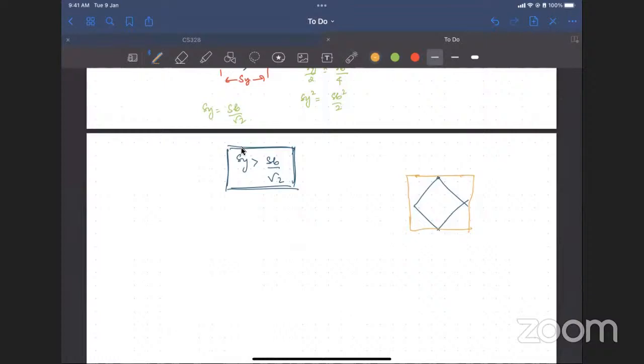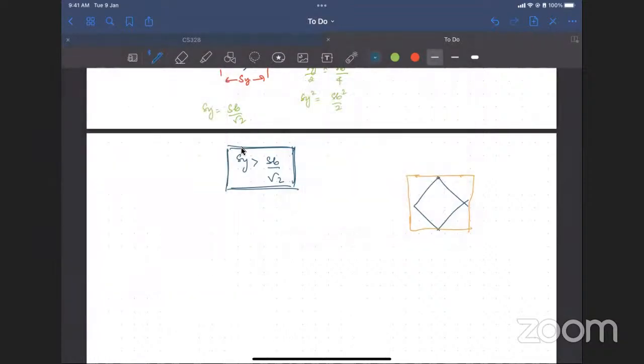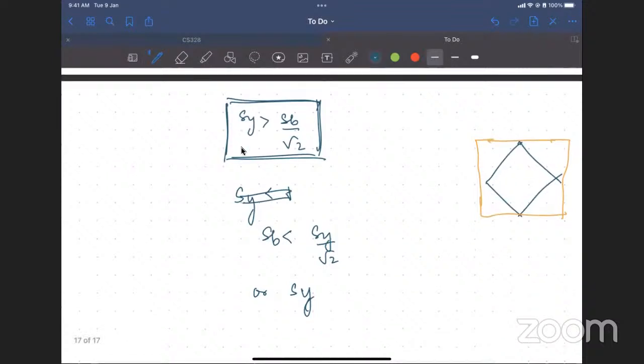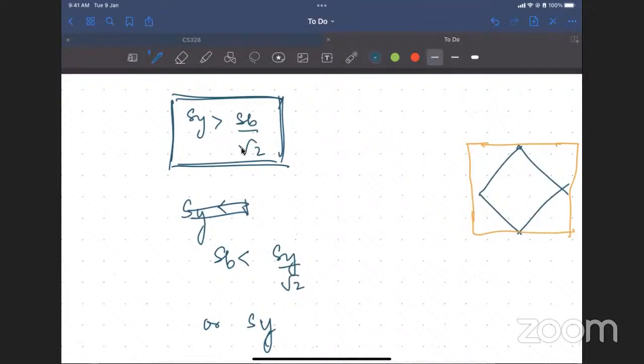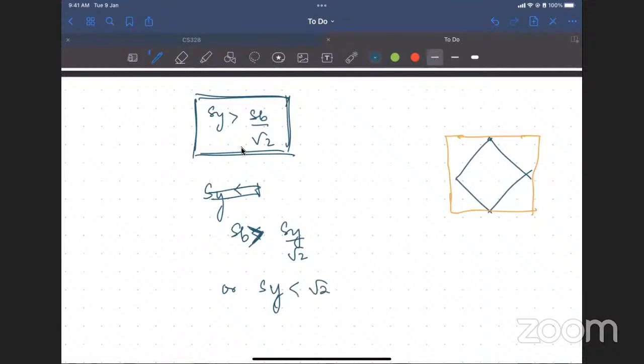You don't want this condition to occur, and for that, by working out the same geometry, or intuitively you can just flip SY and SB: SB should be smaller than SY by root 2, and SY should be smaller than 2 SB. So this is condition 1, and this is condition 2.